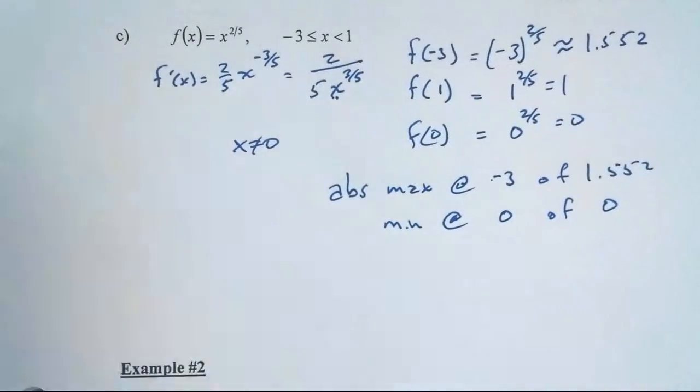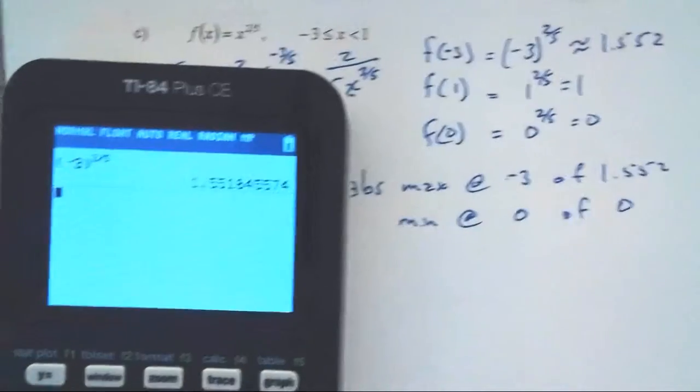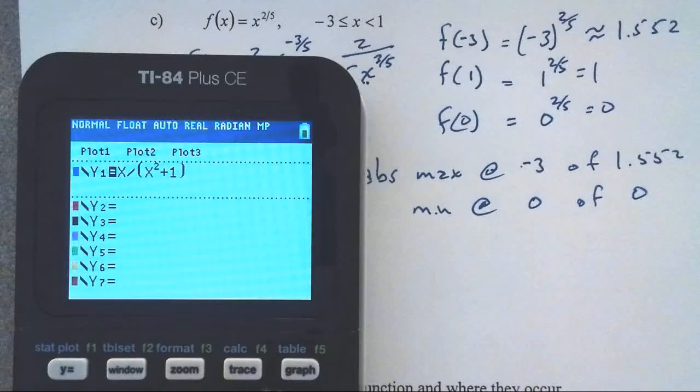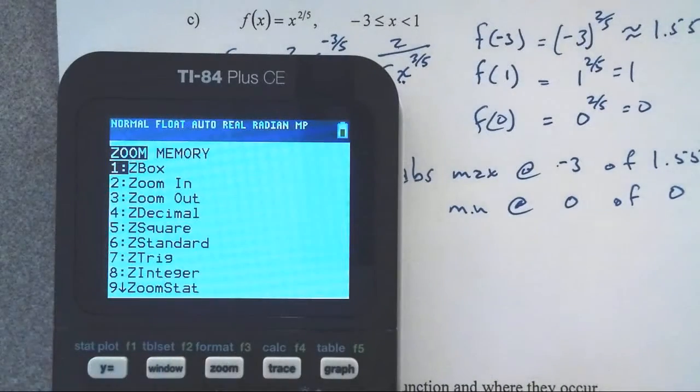Let's take a look at the graph of this. We could do this by hand, but in the interest of time, let's just clear this out, and I just get x raised to the 2/5. I'm just going to do this in Zoom Standard and see what we got here.